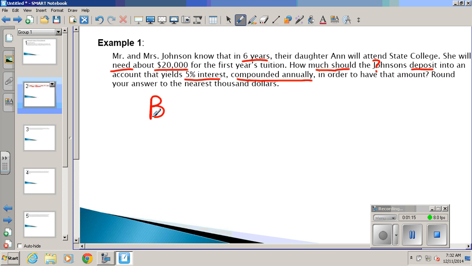So here's your compound interest formula. Balance equals principal times 1 plus rate over number of times compounded, all raised to the n, number of times compounded, times number of years, t. So this is what you're looking for right here. They want to know their principal.